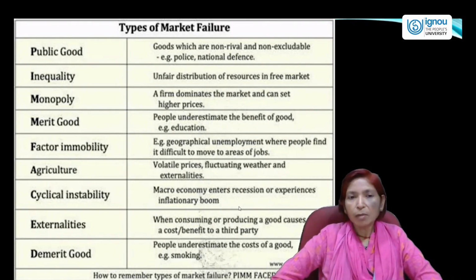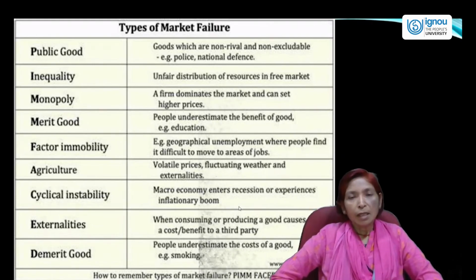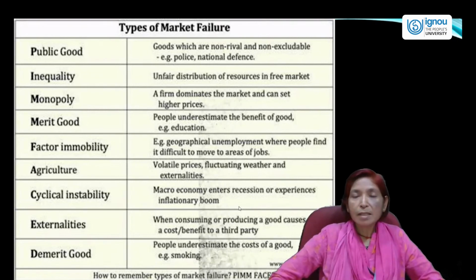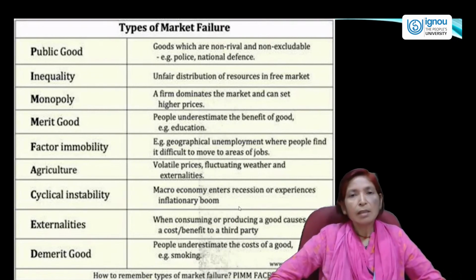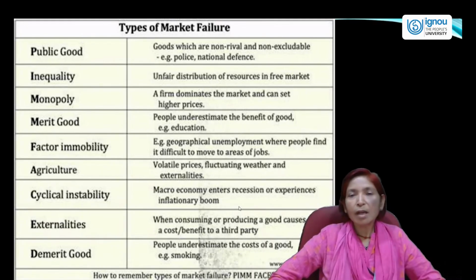So when a firm dominates the market and can set higher prices to achieve maximum profit, consumer surplus will fall. In this case, the market becomes a failure, because resources are not efficiently allocated.